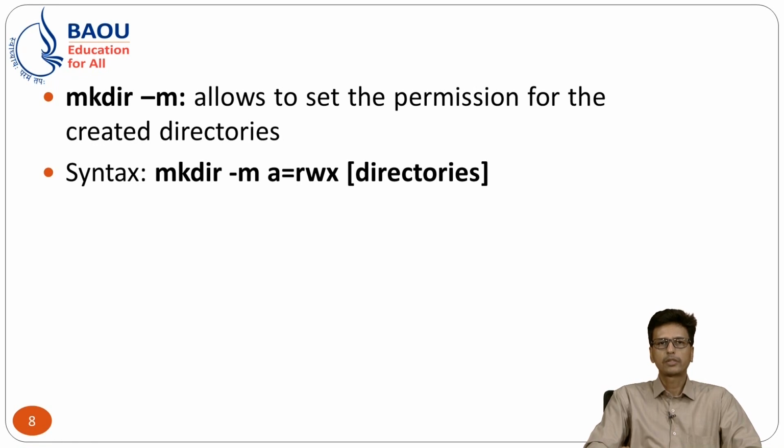So for all the users, which permissions do you want to give? You want to give the permission read, write, and execute. So r stands for read, w is for write, and x for execute. If you want to give all 3 permissions, read, write and execute, to a particular directory for all the users, you have to mention the option a equal to, a for all users, equal to, then all the permissions, and then the directory name.